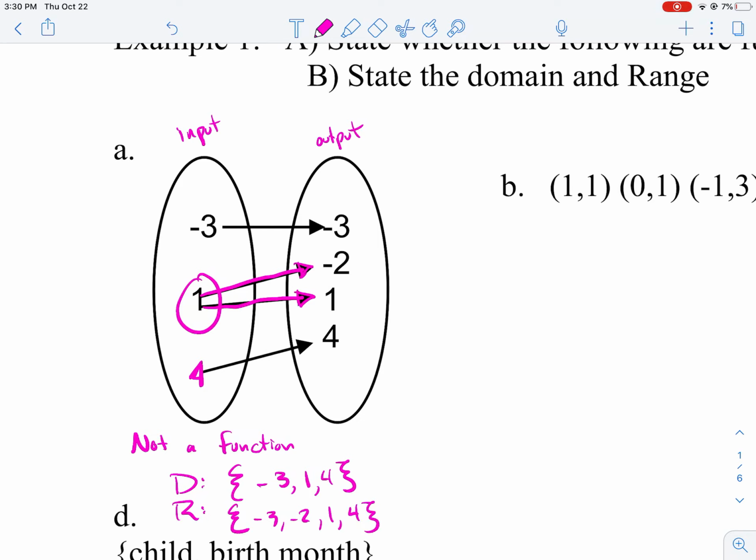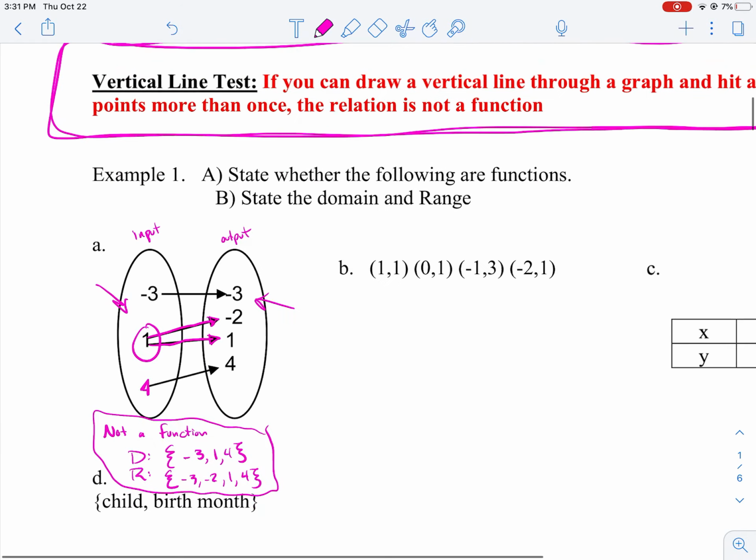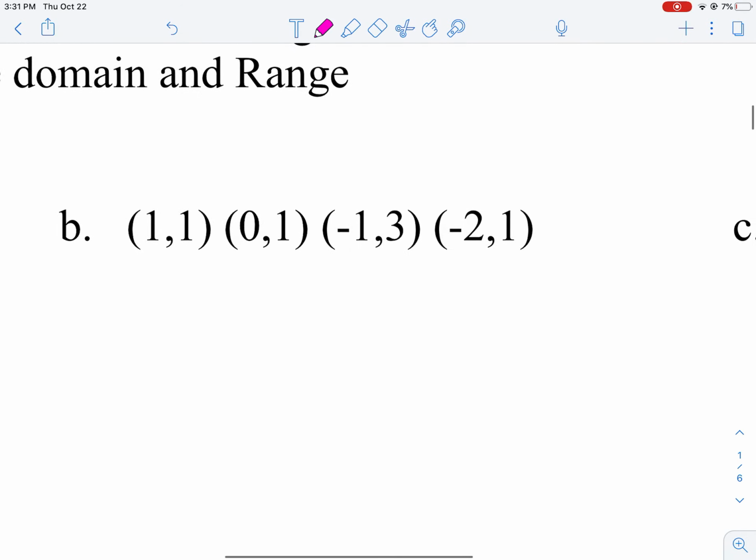I put it as a list because I don't want any pieces in between. I'm just talking about those particular numbers, and I'll emphasize what I mean when we go to some further problems. So this one's not a function, and our domain and range are our x and our y values.